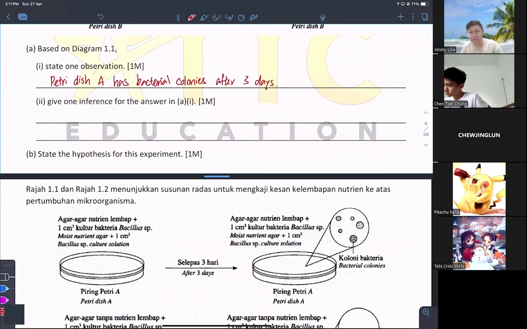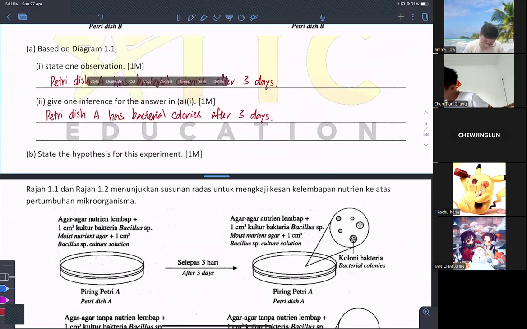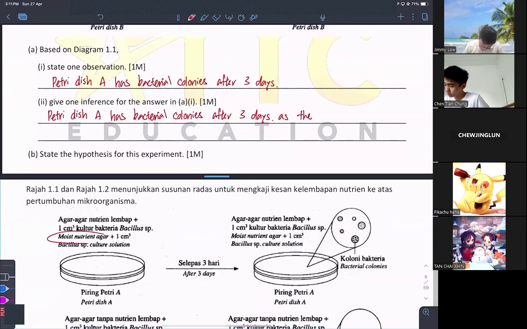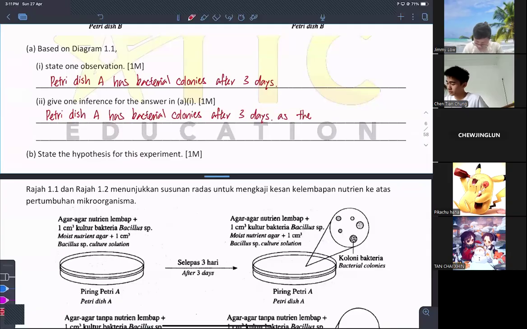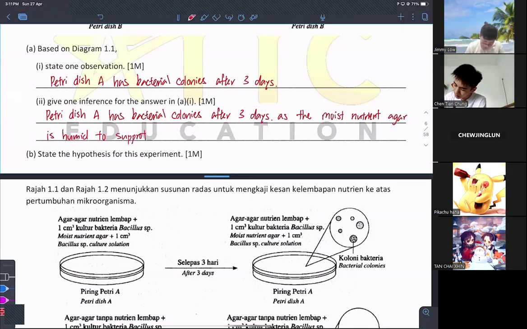When it comes to the inference, same lah, just copy and paste. As the moist nutrient agar, your MV, is humid to support growth of, if you don't know bacteria or whatever, I write growth of microorganisms.